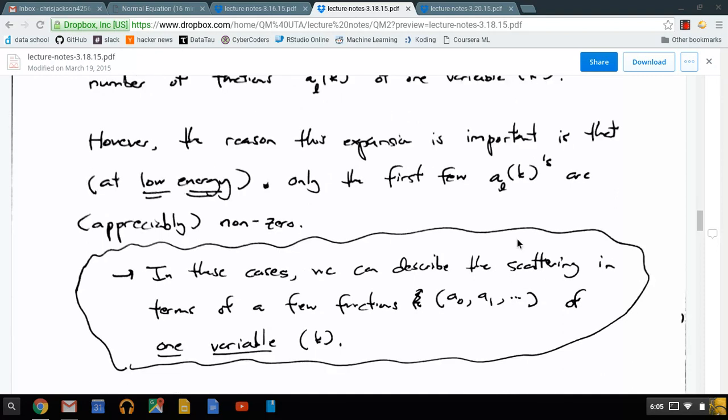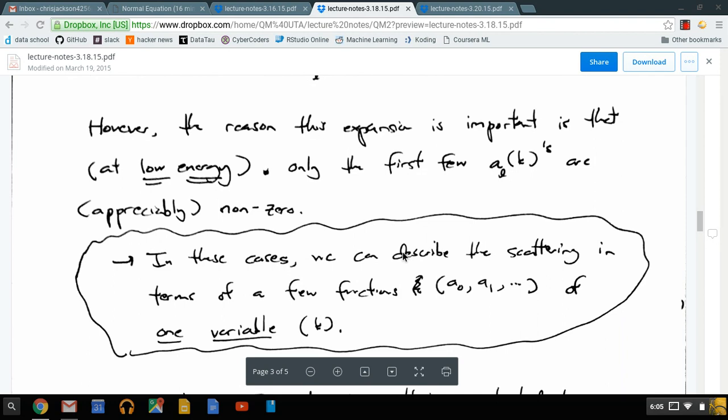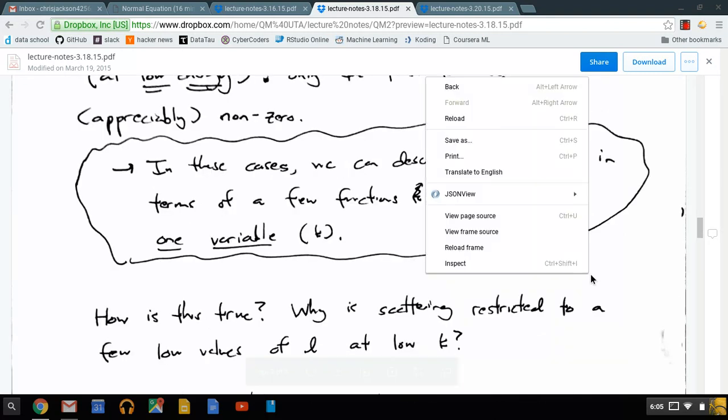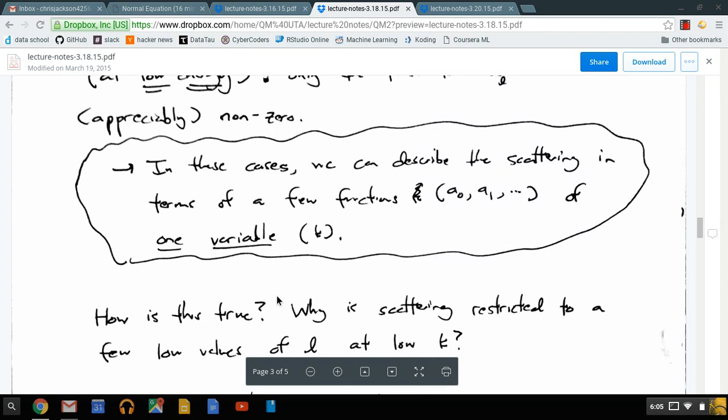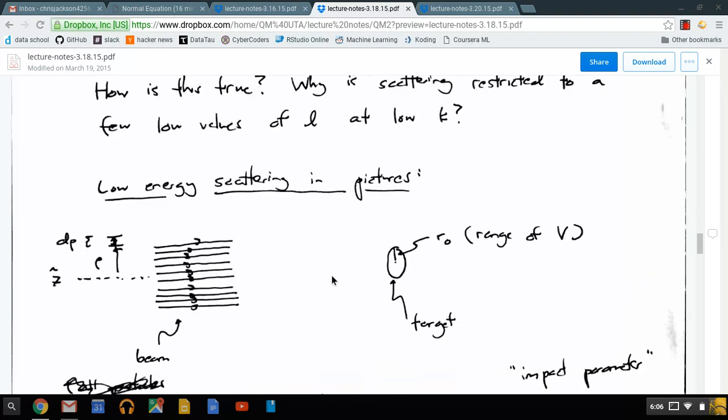So you can describe the scattering of your particles in a very simple way in terms of just a few functions, a0, a1, and that's typically all you need, and one variable, k. The nice thing is that all the theta dependence is now locked up in a Legendre polynomial, and we know how those look.